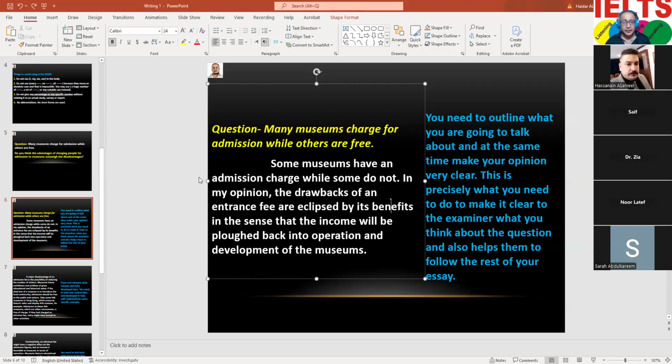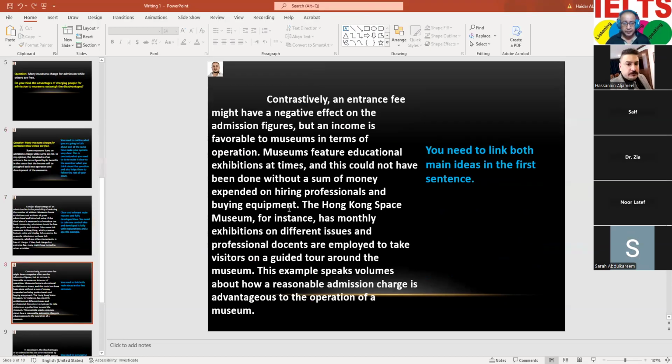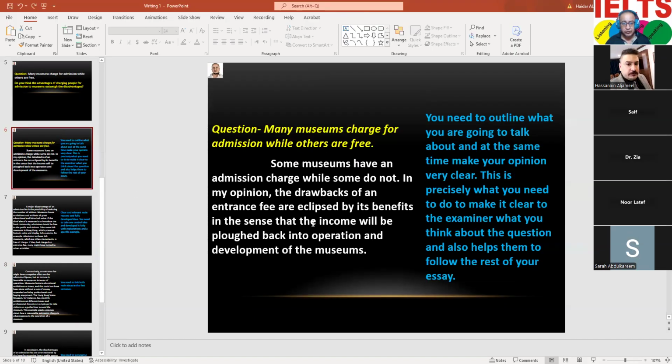When you come here to the paragraph of the advantages, you need to mention one of the 2 reasons you gave, or both of them, for your answer in the introduction. In the introduction, I gave the reasons as operation and development.